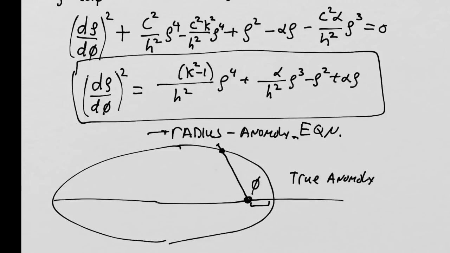We've got to really bang it into shape so we can take it to books like Gradshteyn and Ryzhik, or Abramowitz and Stegun, all those famous mathematics texts that are full of formulas. We've got to get it into that form so we can take it to those texts and come up with some answers, because God knows we're not going to solve these differential equations ourselves, nor should we. Some guys did that back in the late 1800s, so we're going to lean on their work.